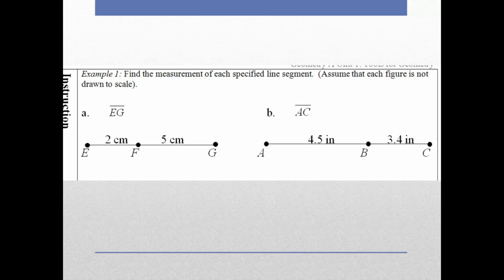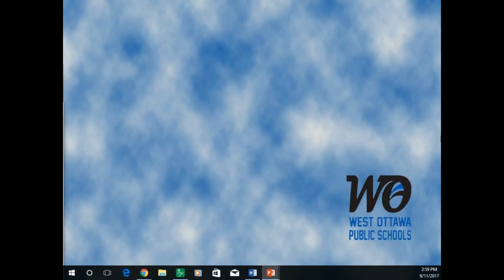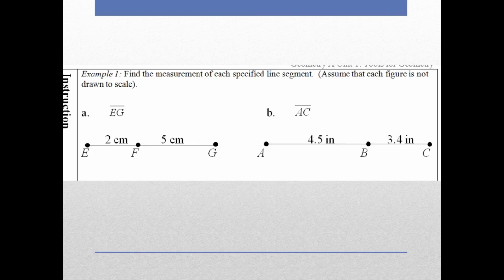So the first example here, you've got find the measurement of each specified line segment.